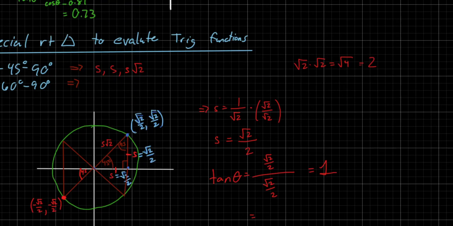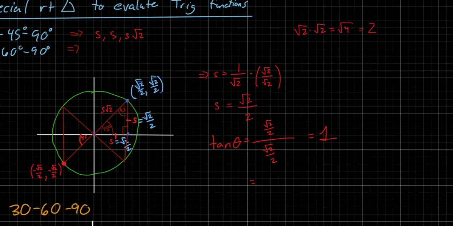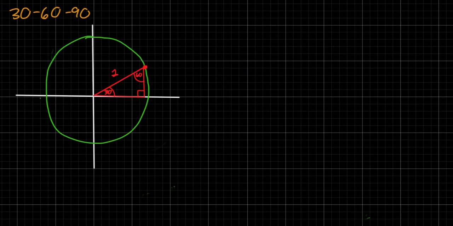Yeah, so my other one was square root of 3. So my short side is always the S. My last one here is my hypotenuse always. So this is 2S. And this is S square root of 3. Little geometry review.